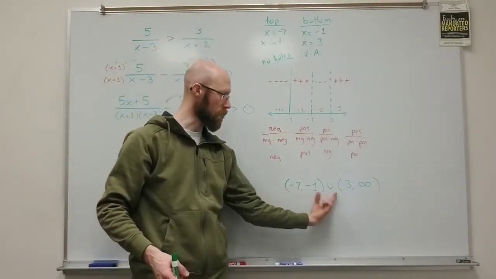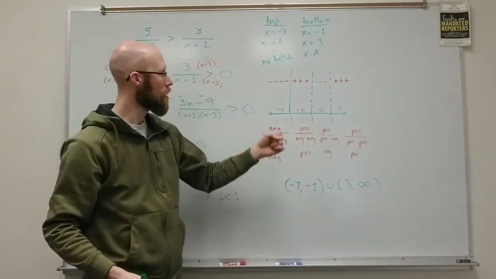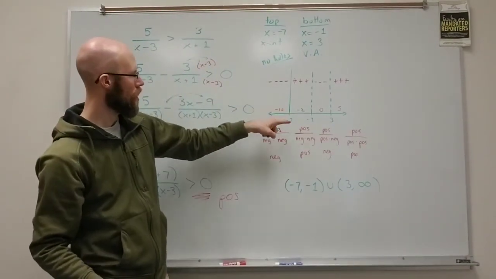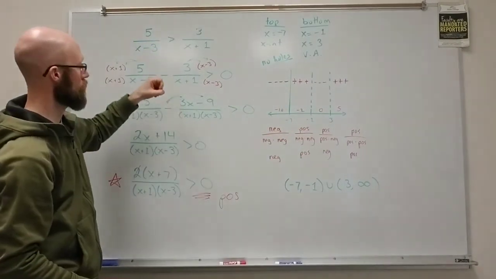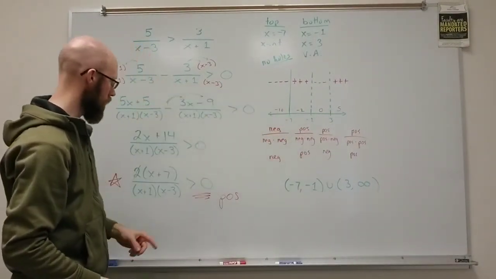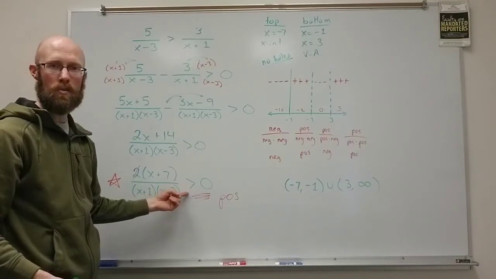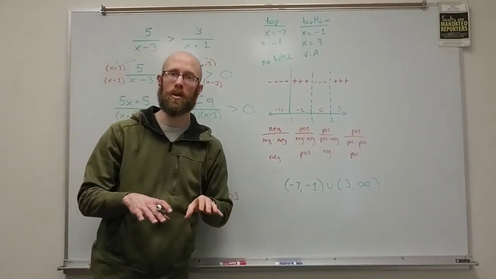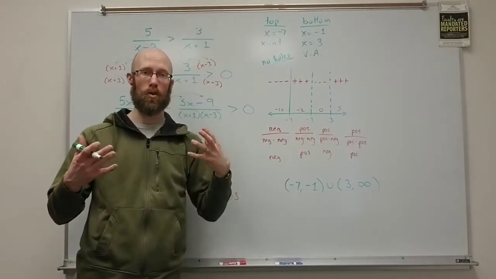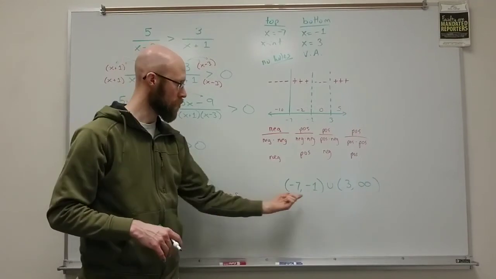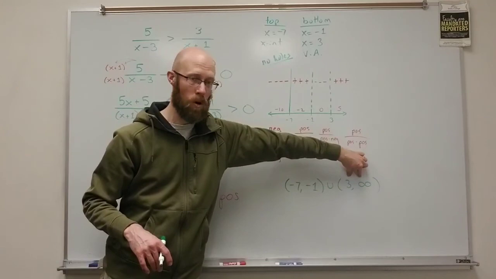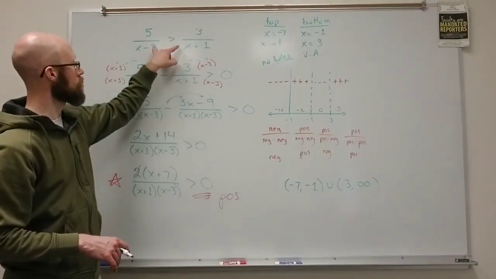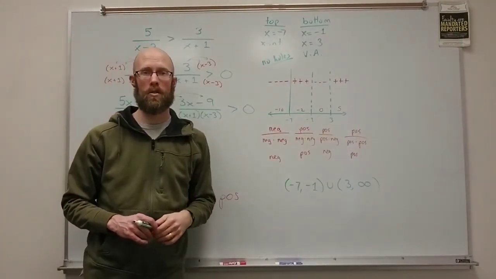Again, I'm not including any of the endpoints because 2 of them are vertical asymptotes, and the x-intercept is not included because we're not using an equal sign here. So I don't really care where it's equal to 0. I just want positive or greater than 0. Okay, so 2 intervals will work. Any number that you plug in from one of these 2 intervals will solve the original rational inequality.